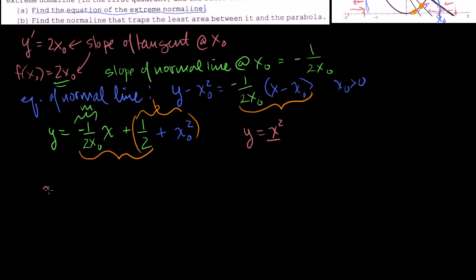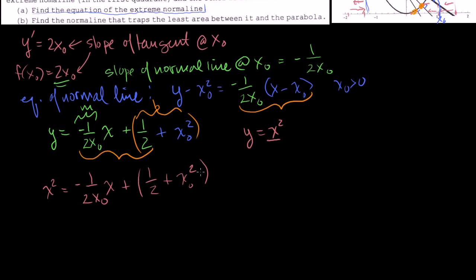So you get x squared is equal to minus 1 over 2 x naught times x plus 1/2 plus x naught squared. Fair enough. And let's put this in kind of a quadratic equation, so we can apply the quadratic equation.